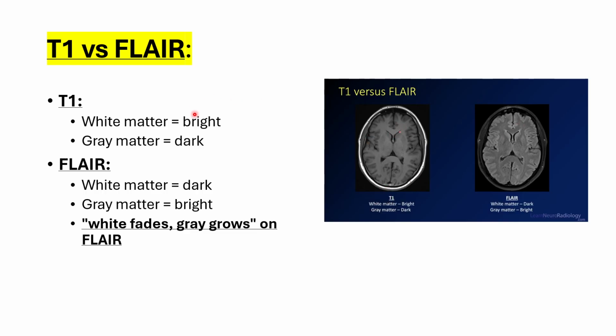On T1, the white matter is going to be bright, as you can see here, and the gray matter is going to be dark. On a FLAIR, it's going to be the opposite. White matter is going to be dark, and gray matter is going to be bright.